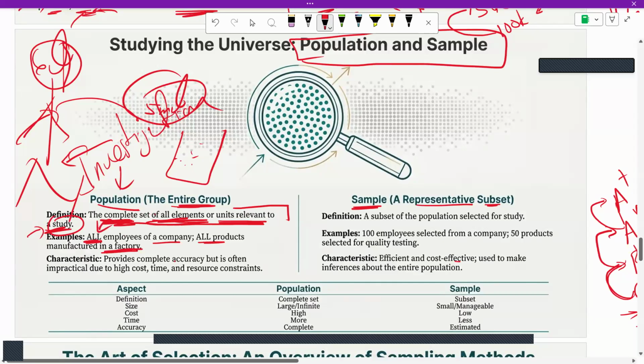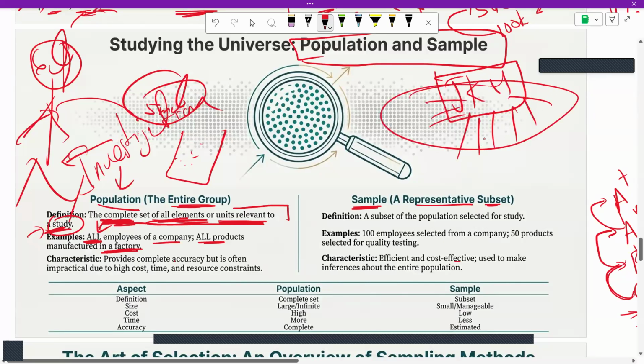If you are going to study employees of John Keells Holdings, then each and every employee within that company is your population. Anchor is producing milk packets, so all milk packets produced by that particular company are a population.